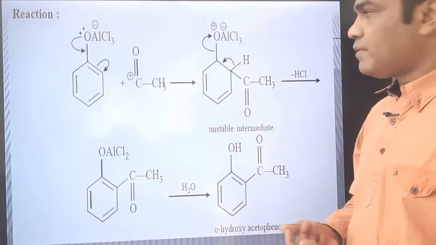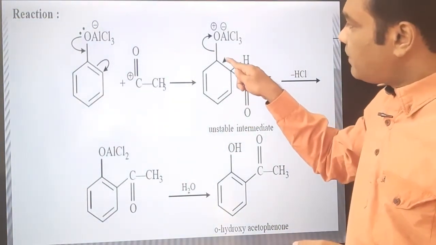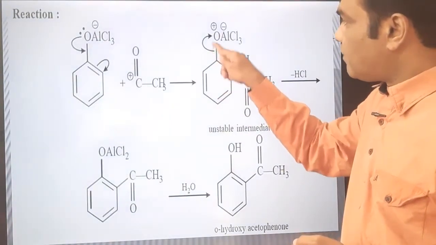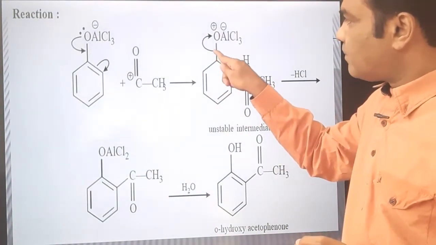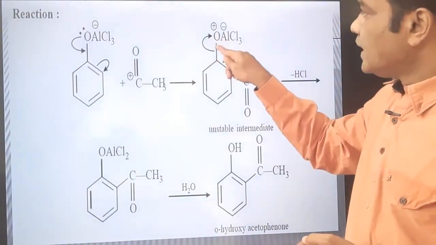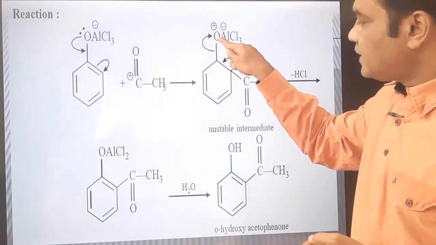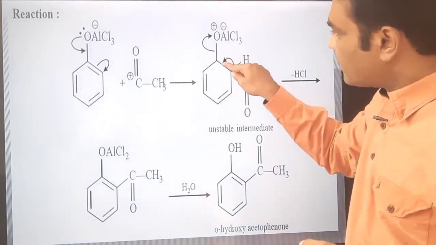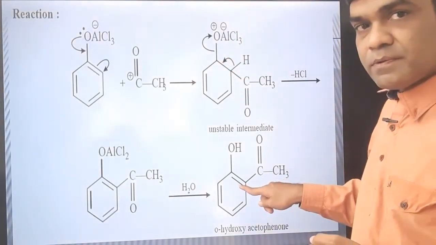So in the next step, what happens? This bonded pair of electrons is shifted here, and this pi bond, I told you, is open on the oxygen. It means oxygen gains its lone pair. You can see here oxygen gains its lone pair. This bonded pair of electrons is shifted here, so a pi bond is formed here.